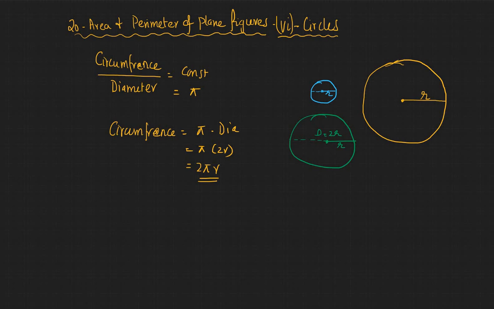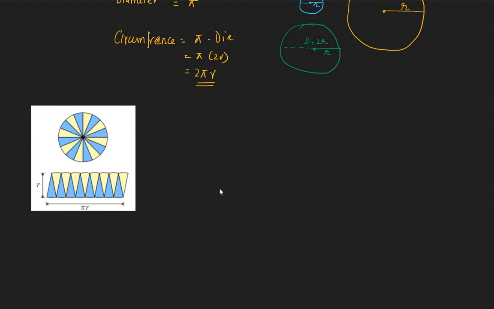Now coming to the area of a circle, for this you can break up the circle into many small pieces. Let's say you break them up into all equal pieces. You have broken it up into the yellow piece and the blue piece. Now taking just the yellow piece and the blue piece, you can fit them together as shown in this figure, the blue piece like this and the yellow piece like that.